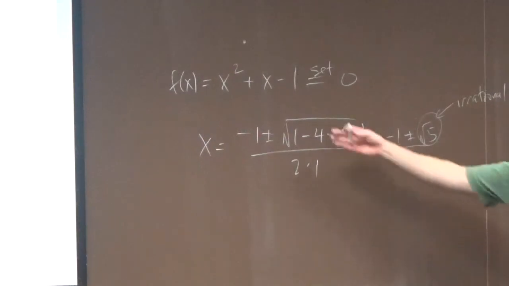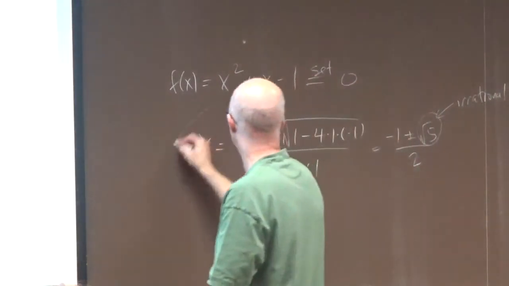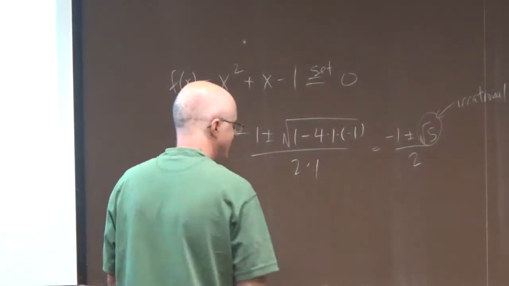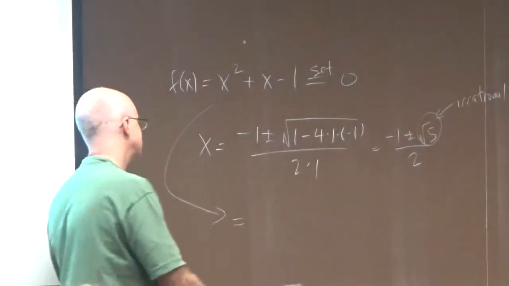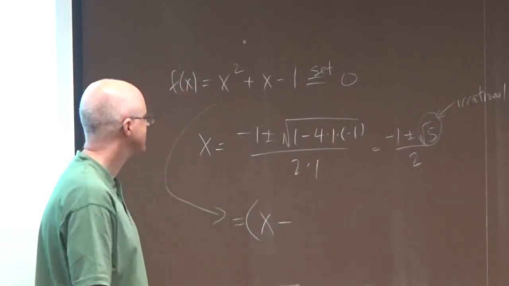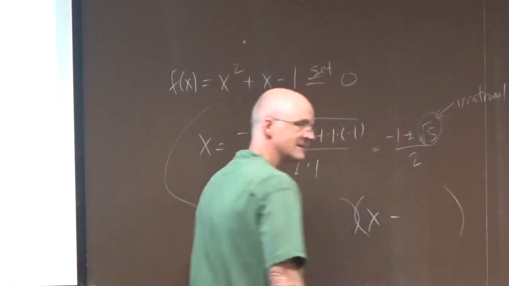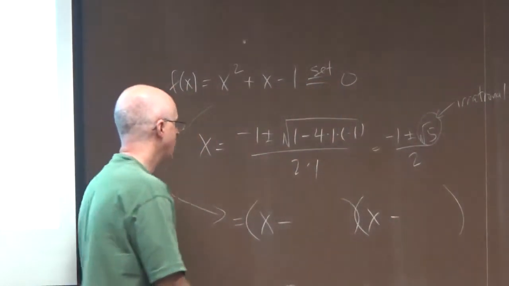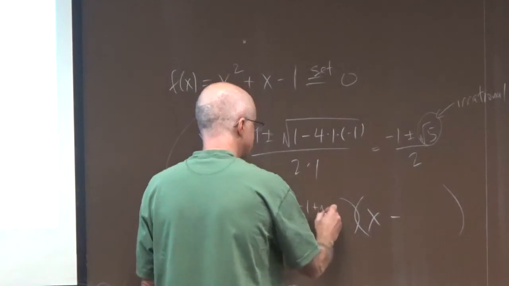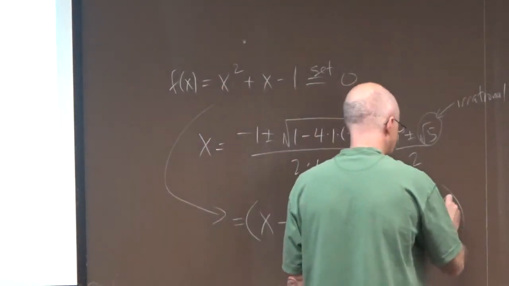And so you can't factor this in a typical kind of way, but you can actually still factor it in a more, well, theoretical way. This is not really super theoretical, but I can still take x minus the roots in each case. And that technically is an okay way to factor. You could write -1 plus square root of 5 over 2 here, and you could write -1 minus square root of 5 over 2 here.